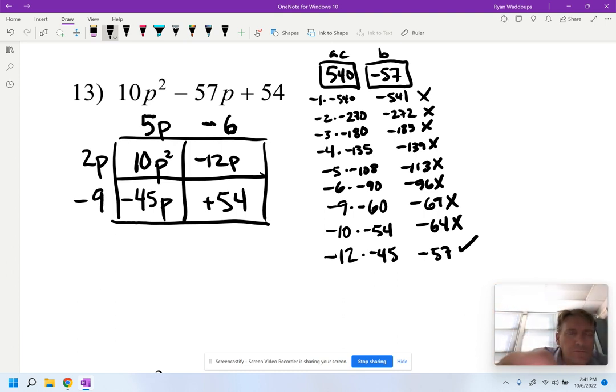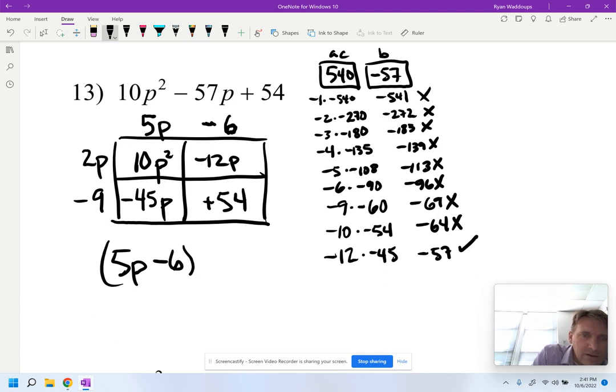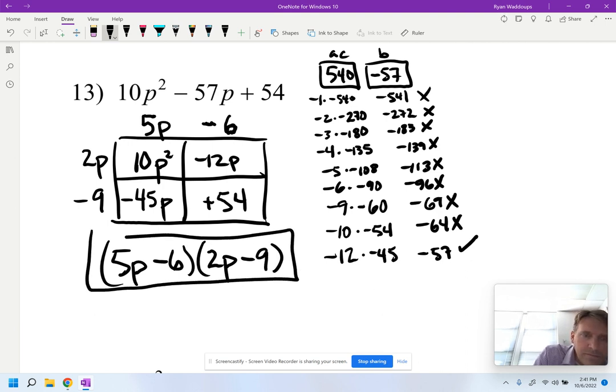So 2 times 5, 10, p times p squared. 2p times negative 6 is negative 12p. 5p times negative 9 is negative 45p. And a negative 9 times a negative 6 is a positive 54. So our factors are 5p minus 6 times 2p minus 9. And those are our numbers. It took a little bit of work to get there, but we made it.